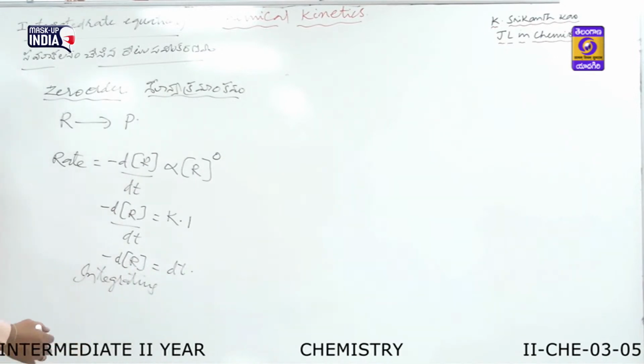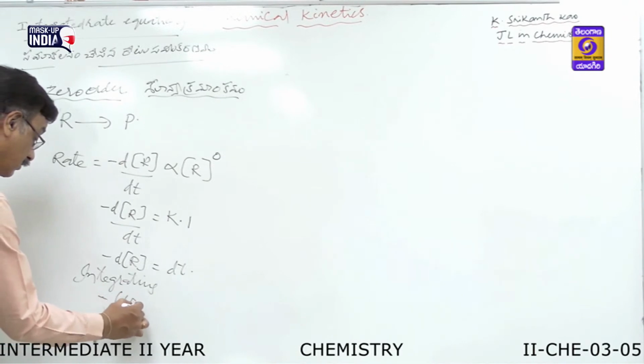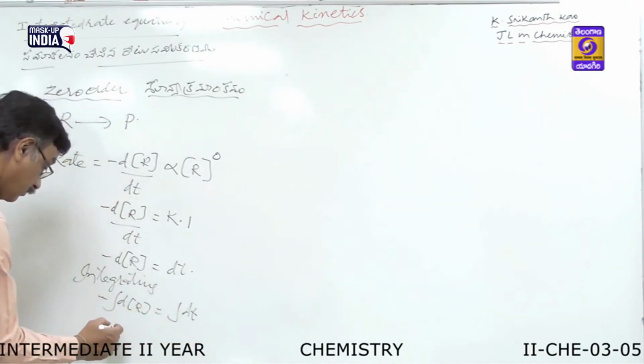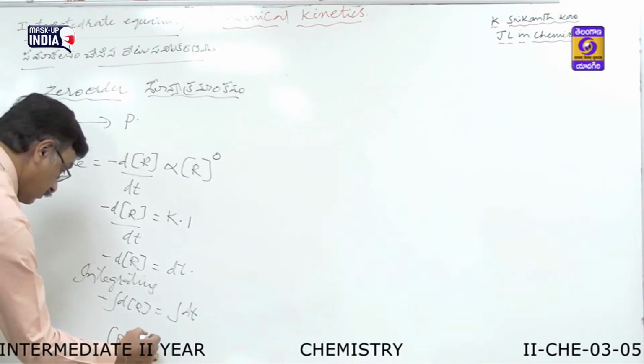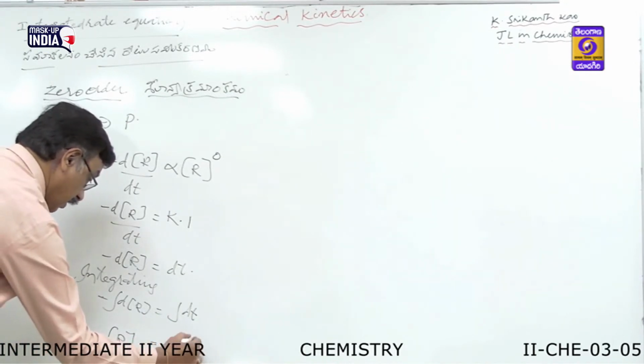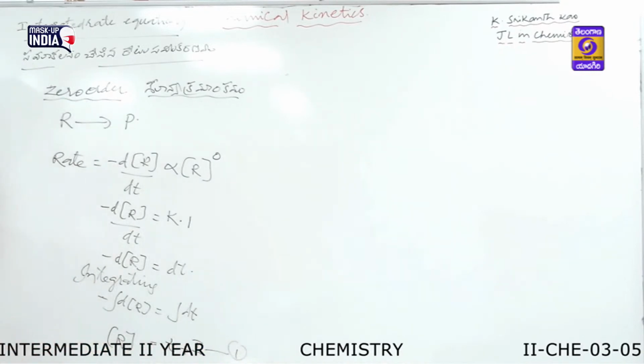సమాకలనం చేసినప్పుడు, right? Minus dR by dt, minus R equal to kt plus I, where I is the integration constant, right?